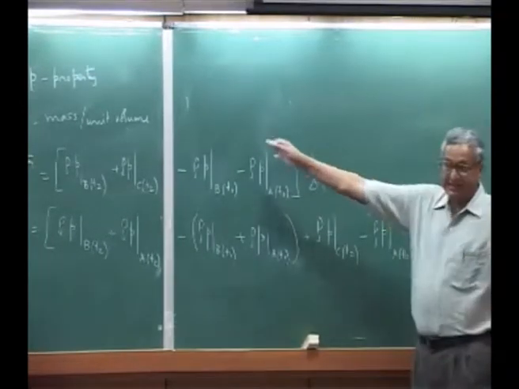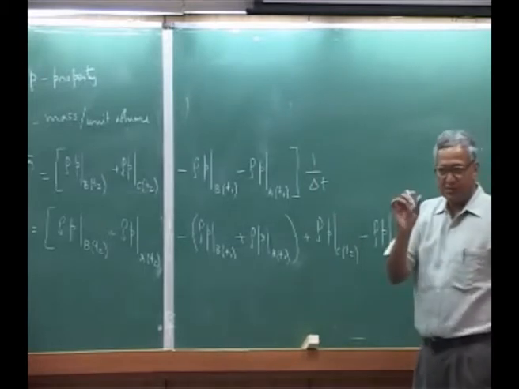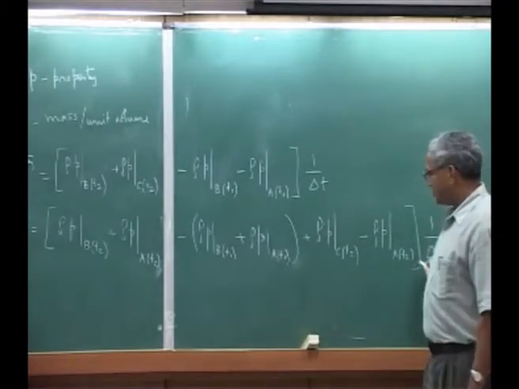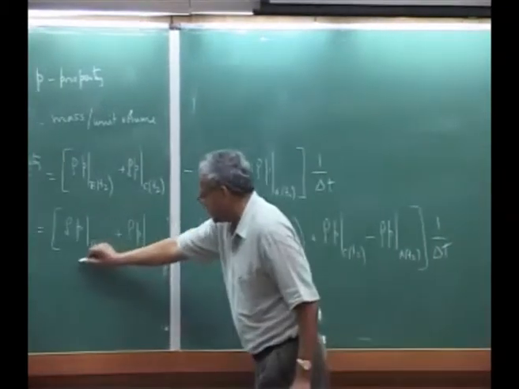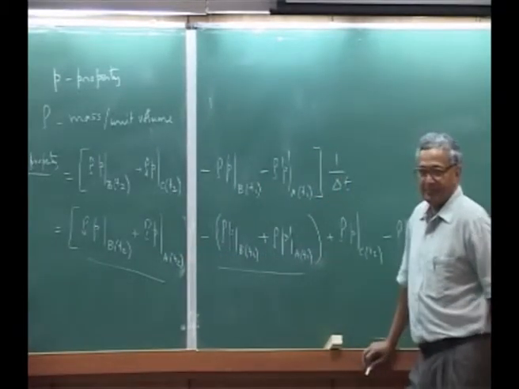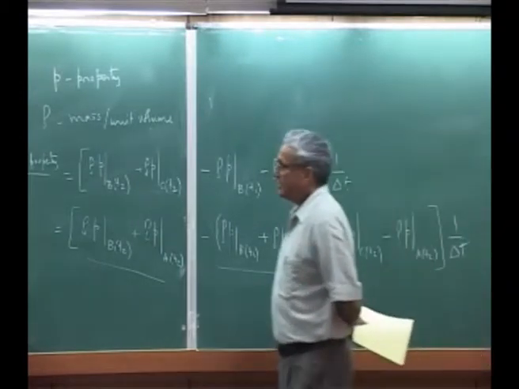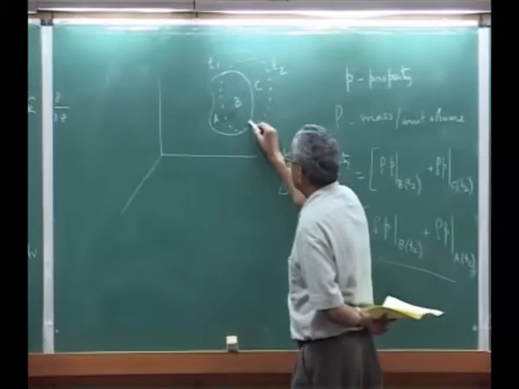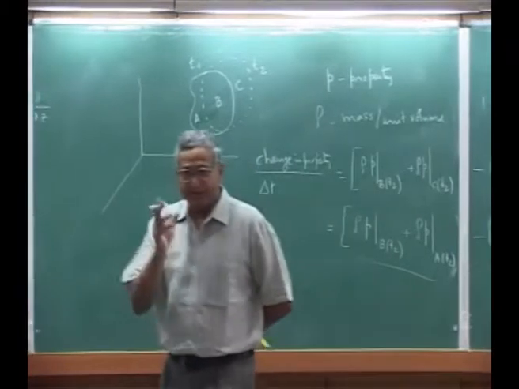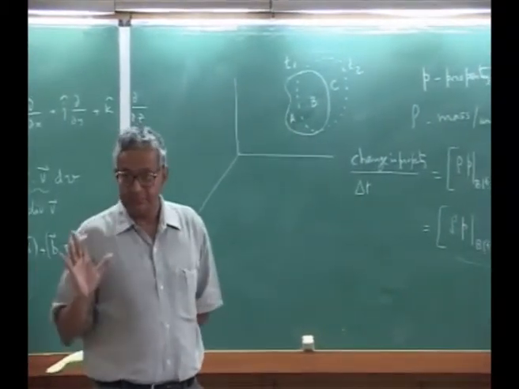This is over the entire full volume. If I take it, this is for a small element. If I take the full volume, I will have to only integrate. Now you know that 1 over delta T, this quantity, if you look at it, I am looking at this control volume, the continuous line, what is happening in that small elemental change in time.